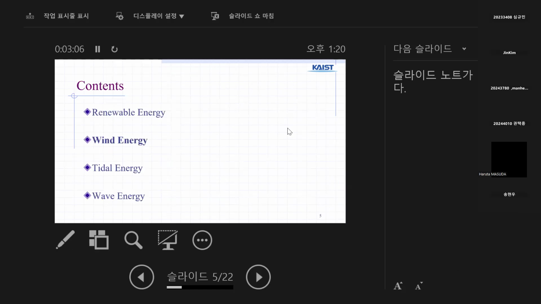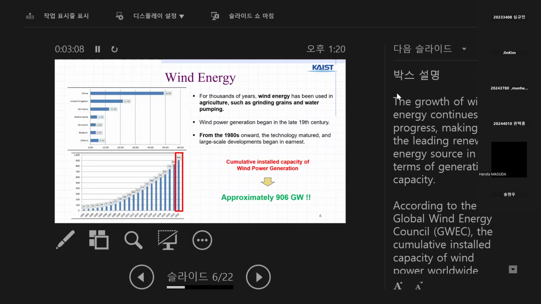Next I'll talk about wind energy. As you can see in this graph, for thousands of years wind energy has been used in agriculture, such as grinding grains and pumping water. Wind power generation began in the late 19th century.